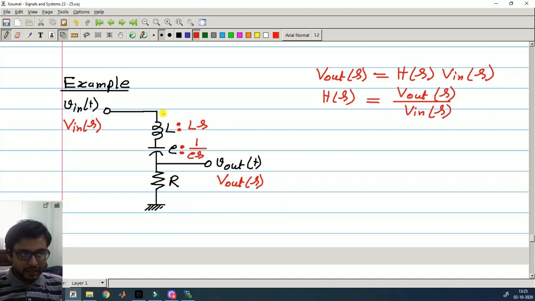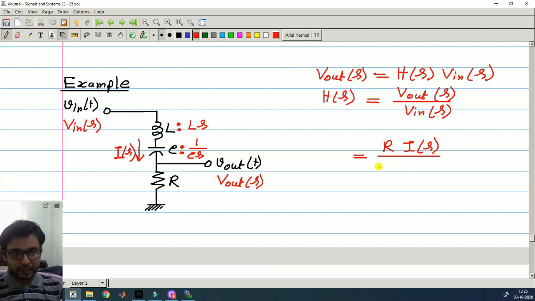Now in this circuit, if you call this current I(s), then V out will be equal to R multiplied by I(s), divided by V in(s).